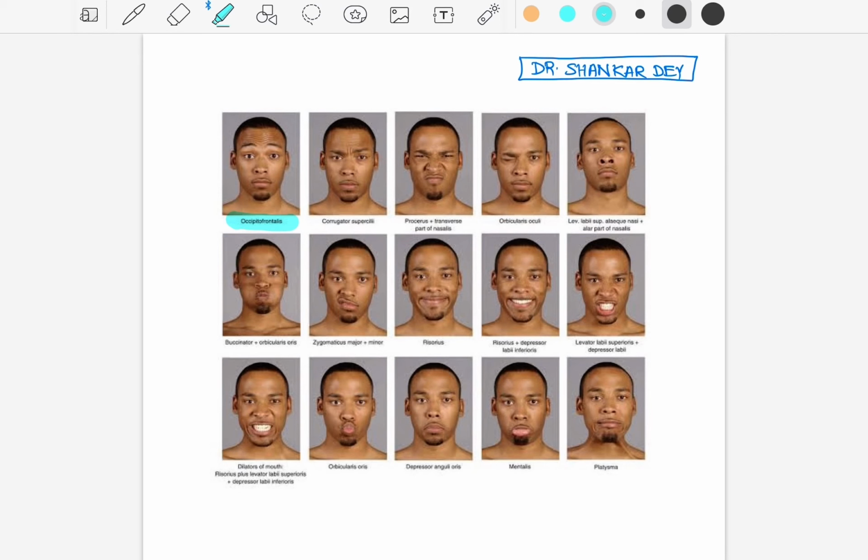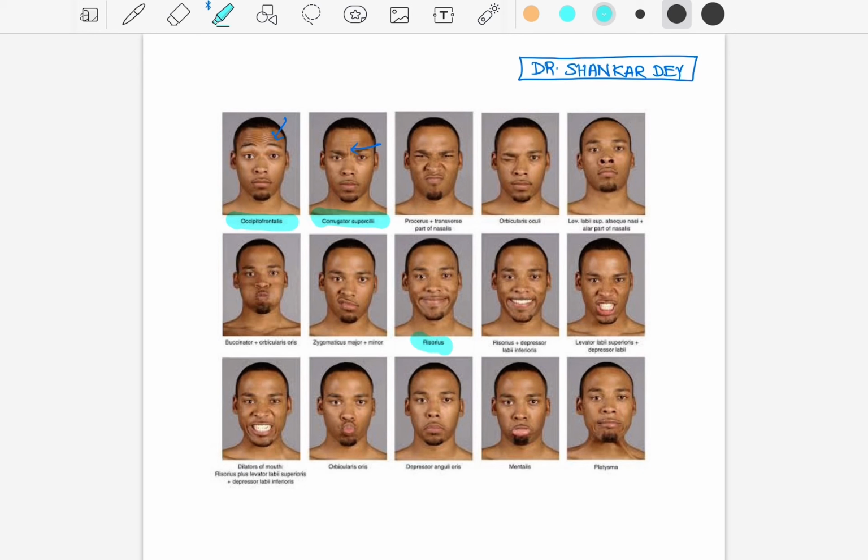These are produced by the frontalis muscle, or frontal part of occipitofrontalis. This is corrugator supercilii, responsible for frowning or vertical wrinkling.